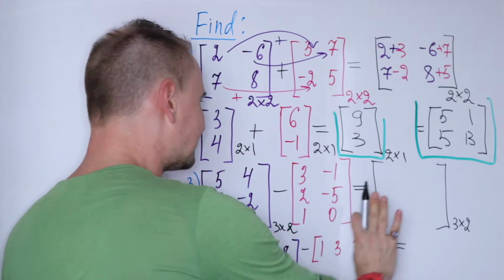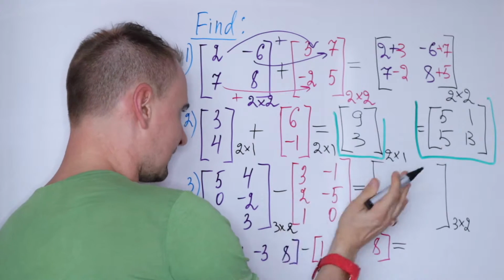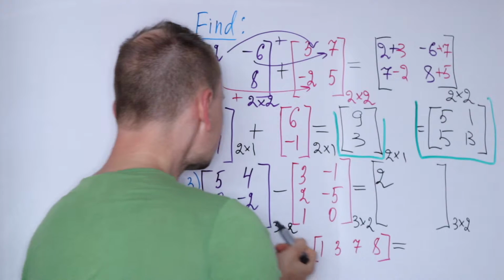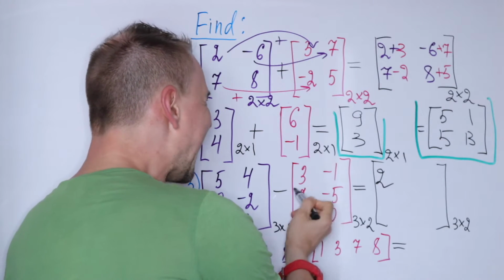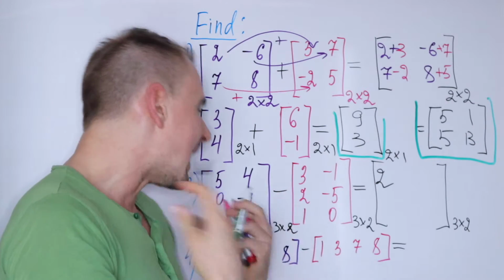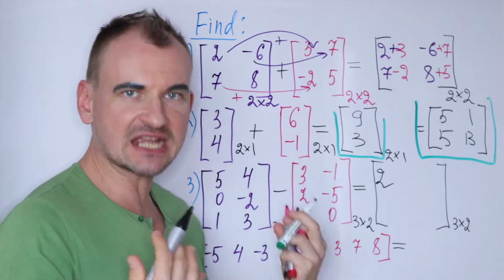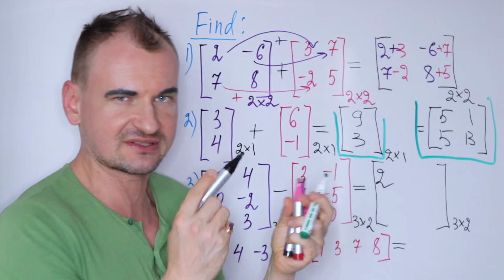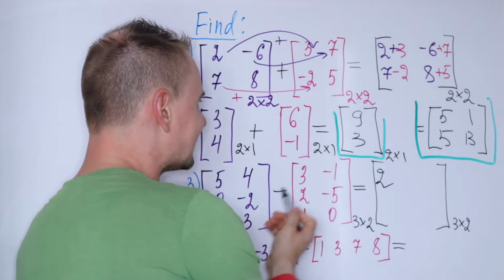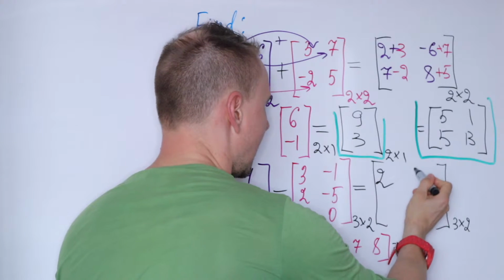Alright, so let's subtract them. The same rule. 5 minus 3 gives you 2. 4 minus negative 1. Be careful, since we're subtracting and some elements have a negative sign in front, some of the elements would become positive overall. So 4 minus negative 1 gives you 5.